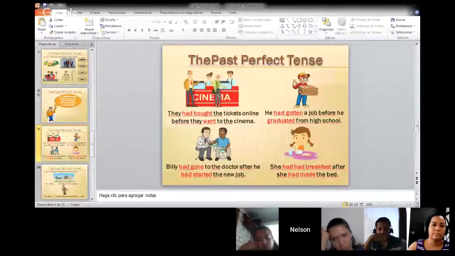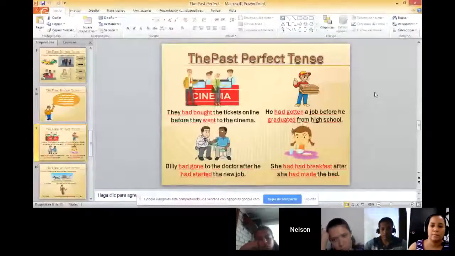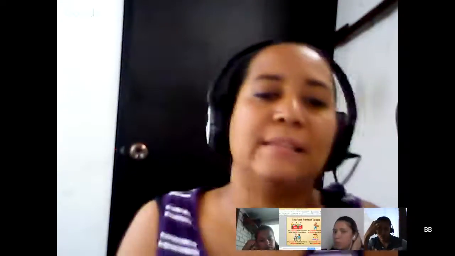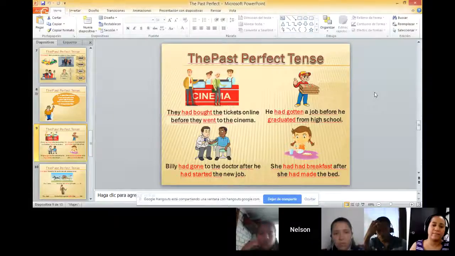Bibi, would you please explain to us picture 1? Okay, they had bought the tickets online before they went to the cinema. It means that they did an action before another action happened in the past. So we combine the past perfect and the past simple tense. That's right.